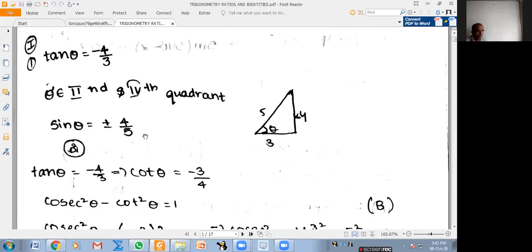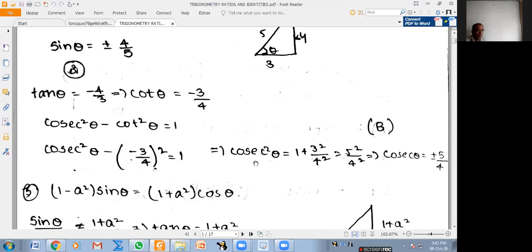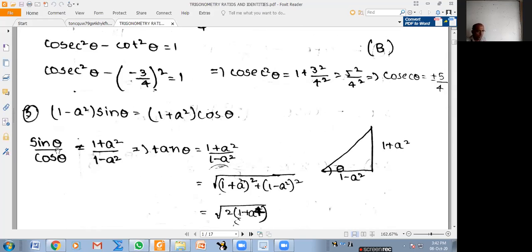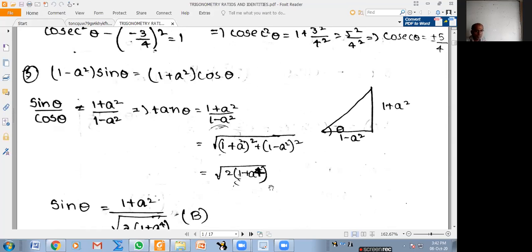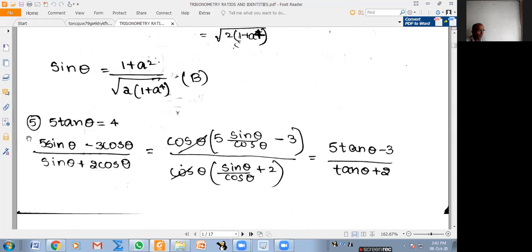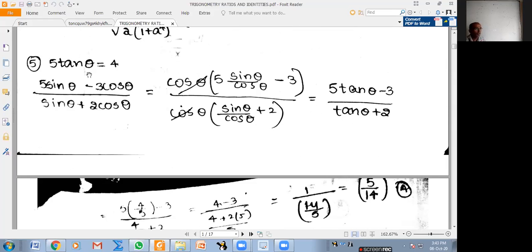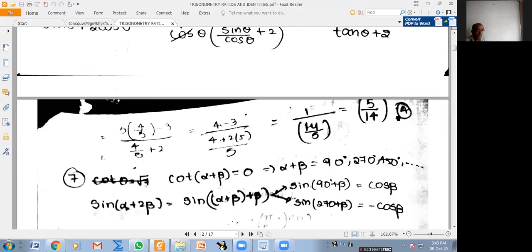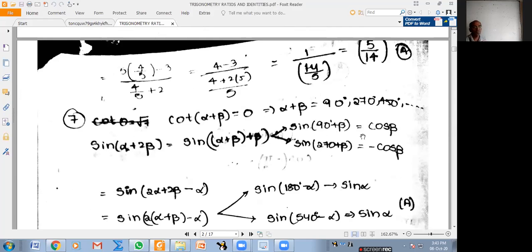In the third question, we found tan theta, we found the opposite side, and then sin theta is written. Look at the fifth question solution: I took cos theta common in the numerator and denominator, it cancelled, I got this, and in the place of tan theta I substituted 4 by 5. This is the class notes of some student. Even if it's not complete, it will give a hint how to proceed further.